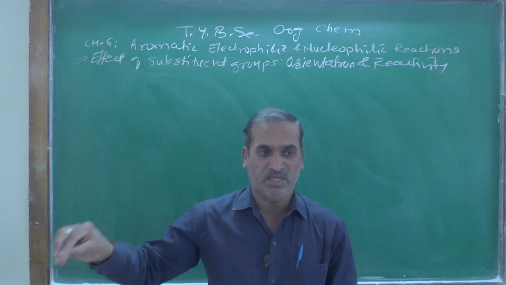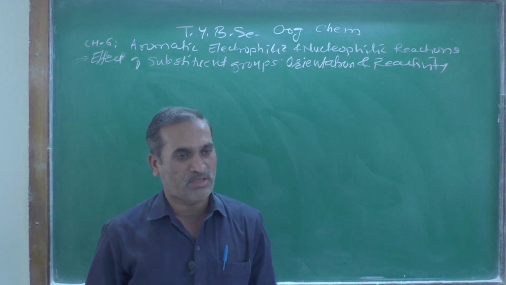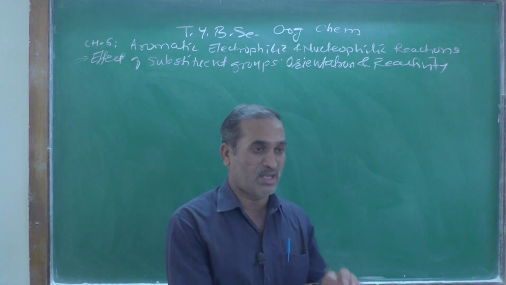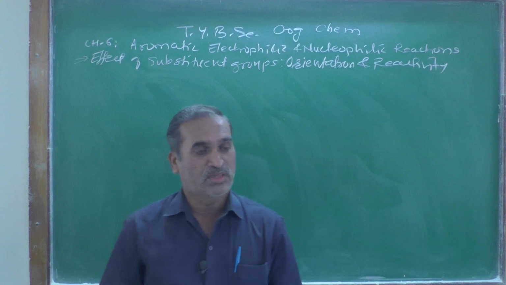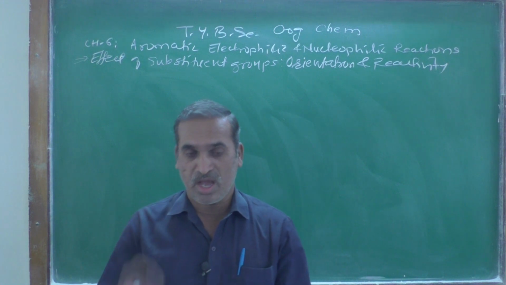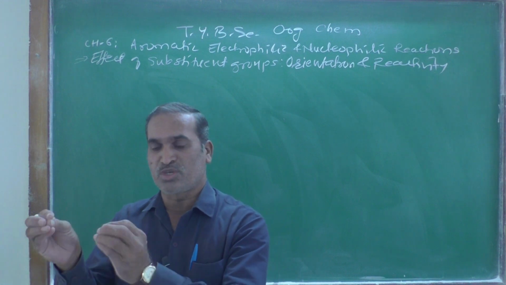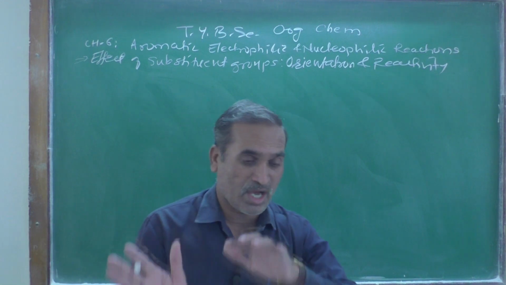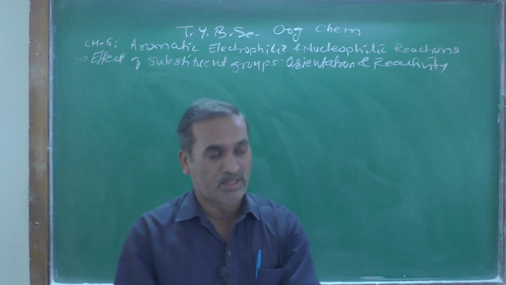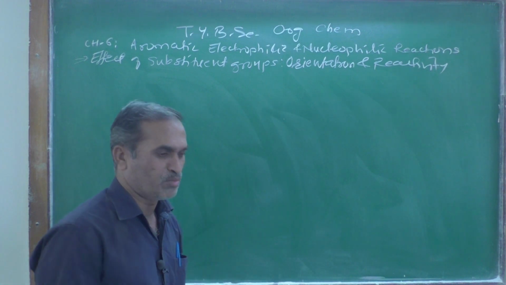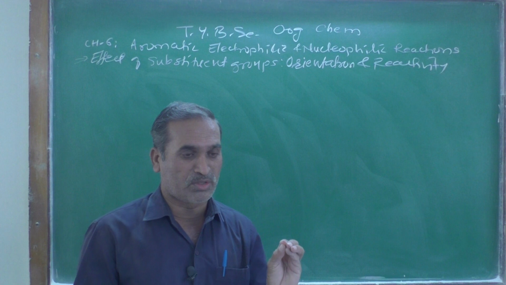That type of reaction is called addition reaction. But aromatic compounds, even though unsaturated, do not undergo addition reaction. Instead, they undergo electrophilic substitution reaction more readily. We already learned that, and therefore this point is very important.